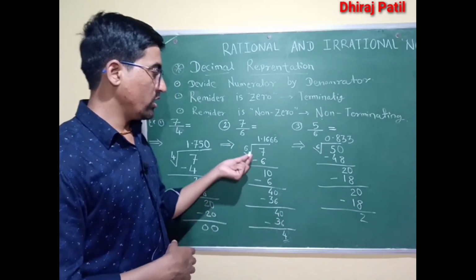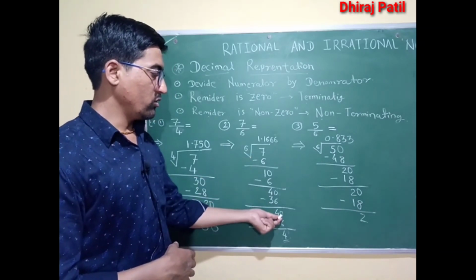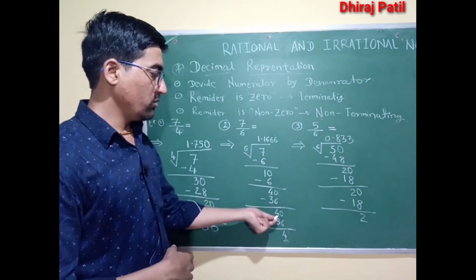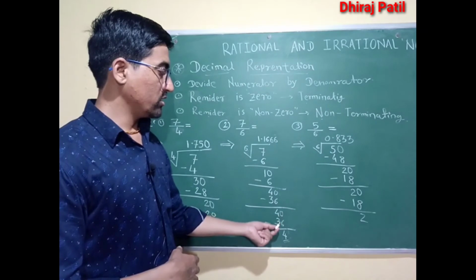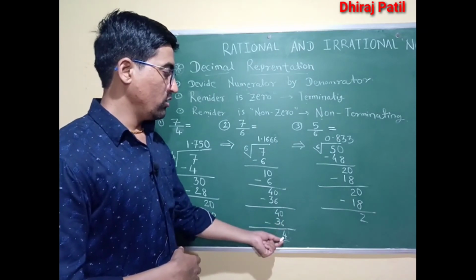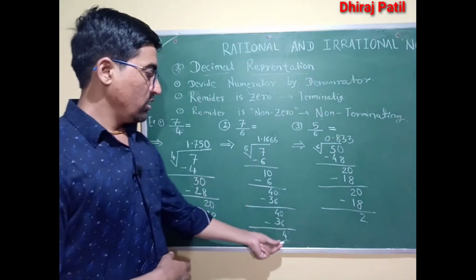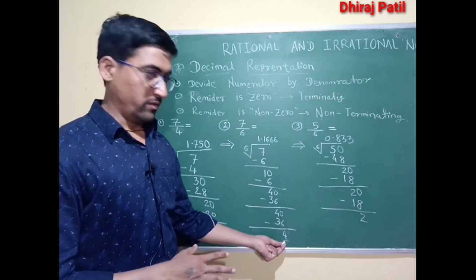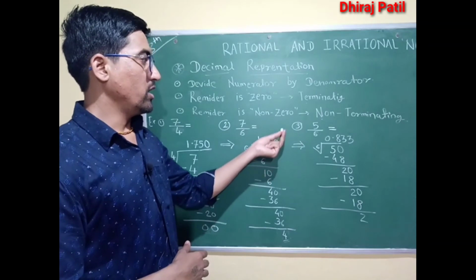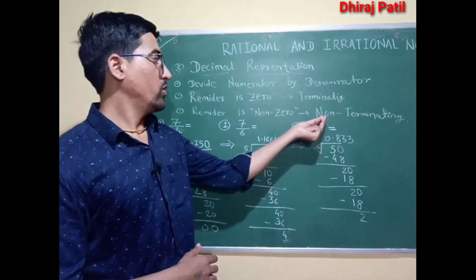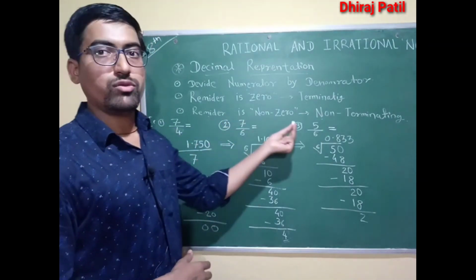Again 4 is not divisible by 6, so we take 0. It becomes 40, 6 sixes are 36, and 40 minus 36 is 4. So we conclude that our remainder is 4 and our answer is 1.1666, and this is our non-terminating form because our remainder is non-zero.